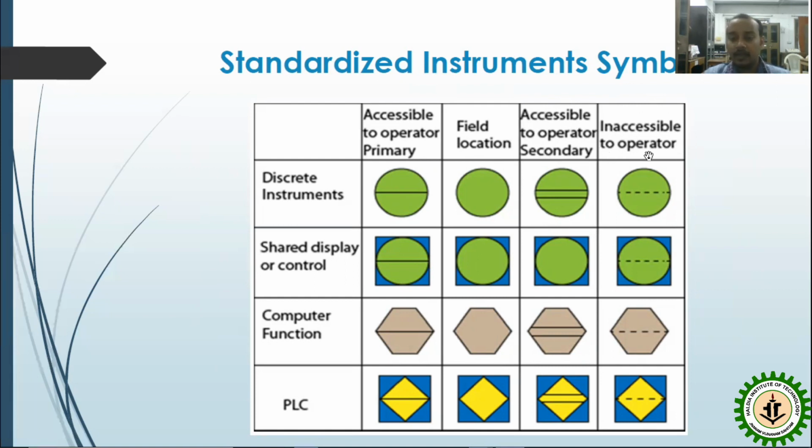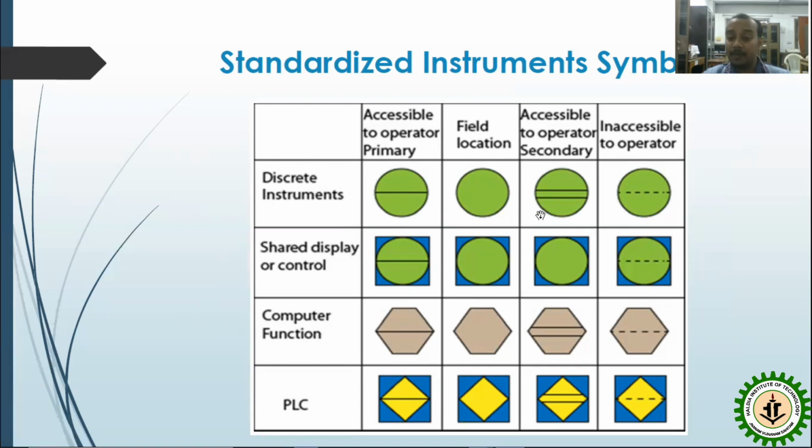And also if any instrument is inaccessible to the operator, then that will also be represented in a different way. So first of all, in the first row, here you can see the discrete instrument we are talking about. If it is a temperature measuring instrument accessible to the primary operator, then it is a circle with a continuous line in the middle. If it is only a field-located instrument, then it is only a circle, nothing else.